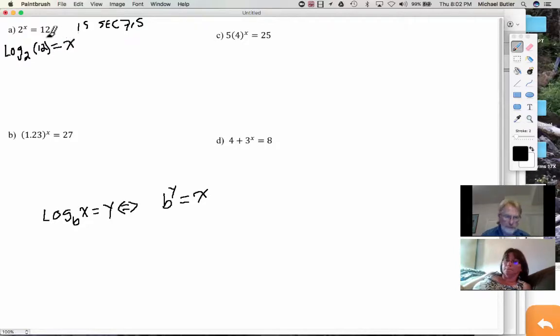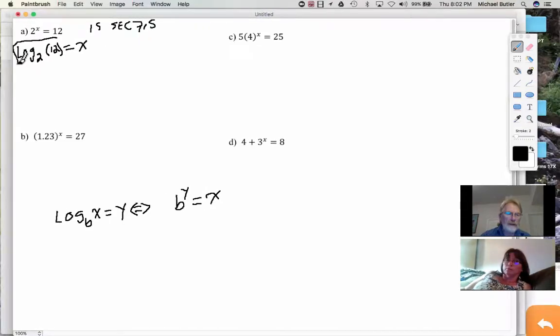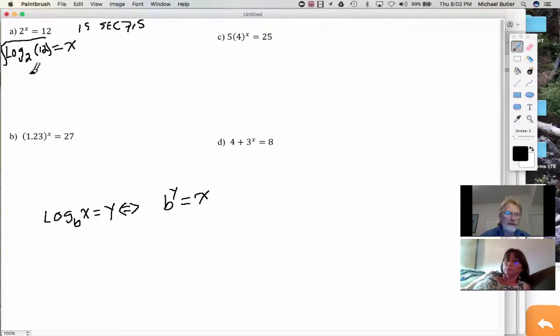Okay, so all we've done here is take it out of the exponential form and put it into the logarithmic form, which are inverse operations of each other. But now how do I evaluate this? How do I get this part over here evaluated? The way you do that is with the change of base theorem. The newer TI calculators actually have it built in, but the way they show in the book works for anybody.